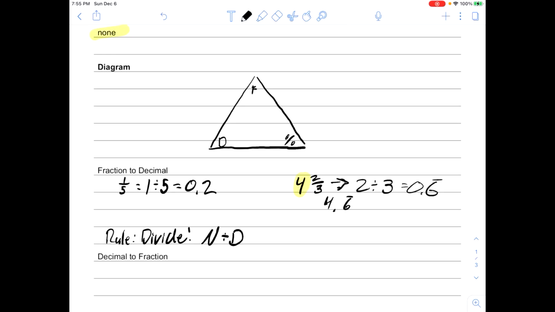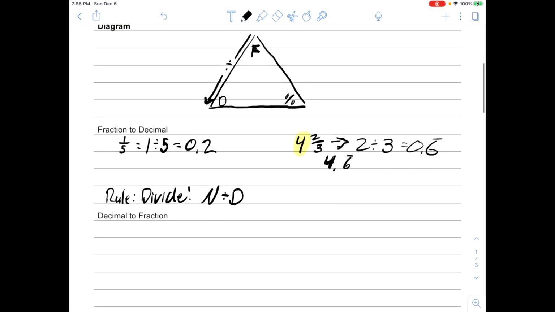That 4 is just the number that goes in front of the decimal. So on my diagram here, if I want to go from a fraction to a decimal, all I have to do is divide. So here on our little diagram, we're just going to put a little divide symbol with the arrow that goes from the fraction part of the diagram to the decimal part of the diagram.